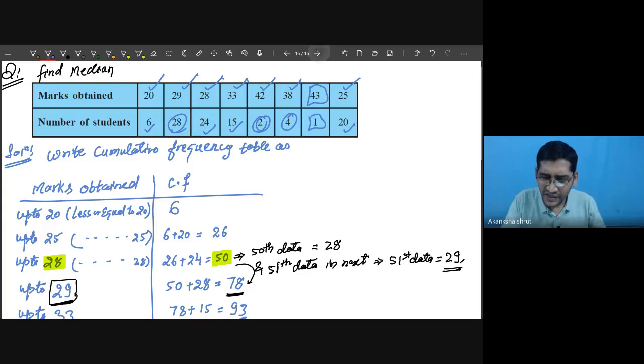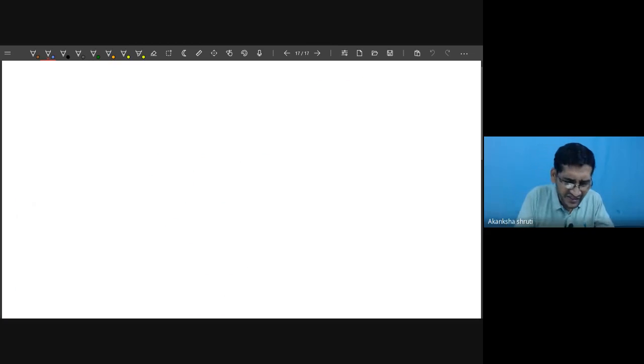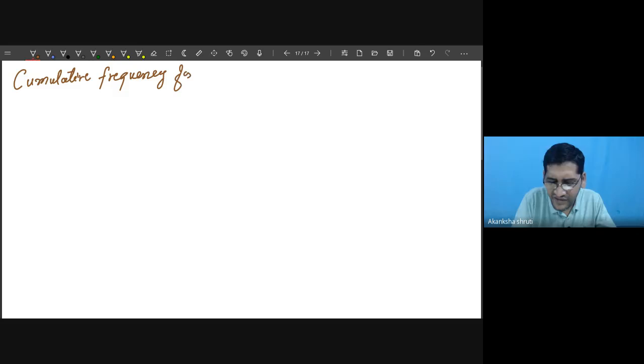So write: cumulative frequency for grouped data and finding the median.